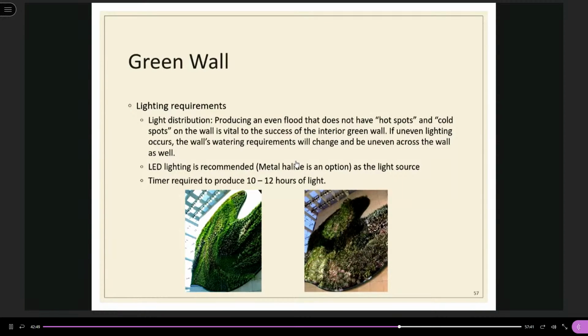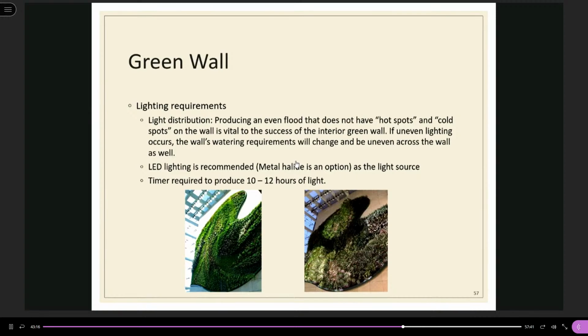Then those plants may lack water because the water evaporates, and there is no water for the plants. So the wall's watering requirements will be affected, and we should light up the green walls as uniformly as possible.